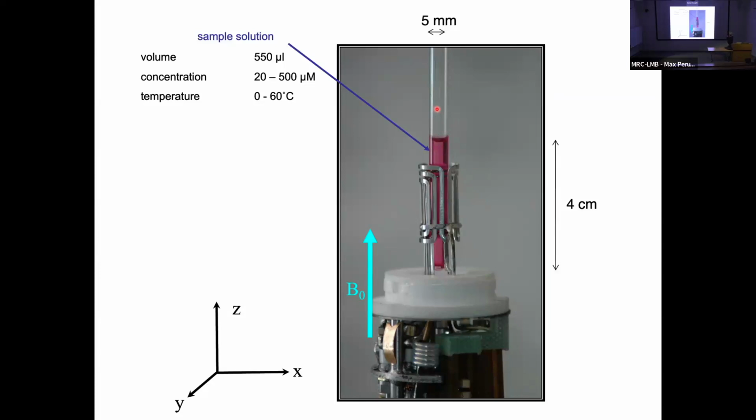For proteins, obviously, they're not always stable, but the temperature range is normal sort of biological temperatures. We can work from 0 to 60 quite happily. The concentration range that we need is somewhere in the range 20 to 500 micromolar. We would never normally recommend going above 500 micromolar for biological samples, because you get increased risk of aggregation if you put samples in at too high a concentration.